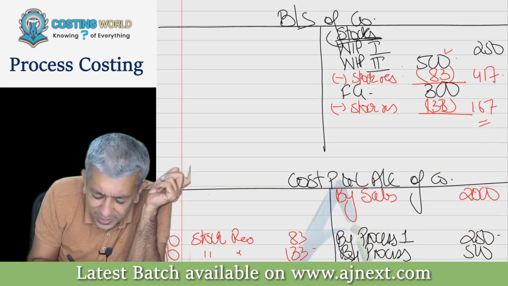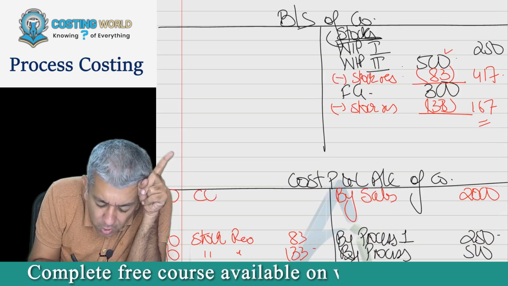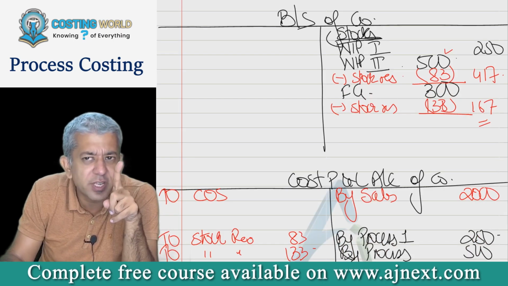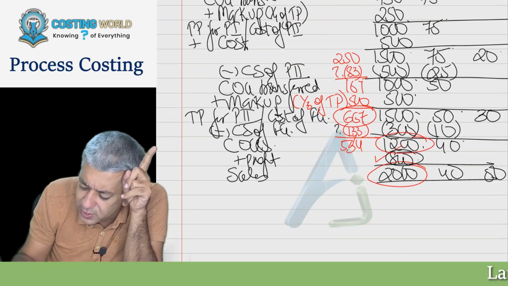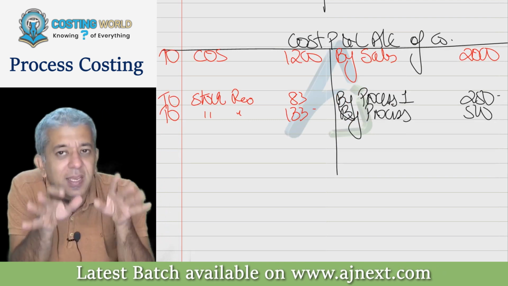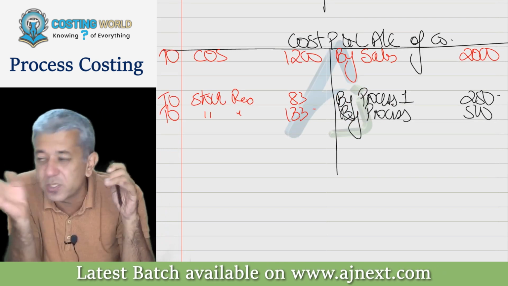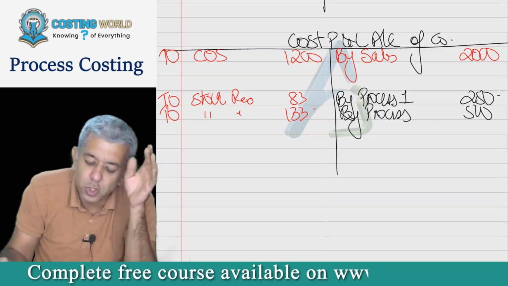And on the debit side we were writing cost of sales, which in this case is 1200. Do you all agree that this 800 is realized by the company because it is sold to external customers? Yes, sir. My job is done.